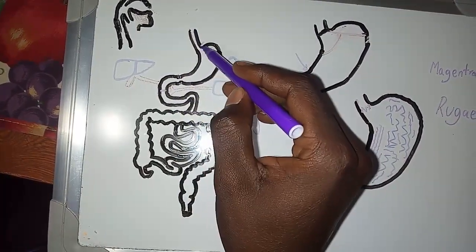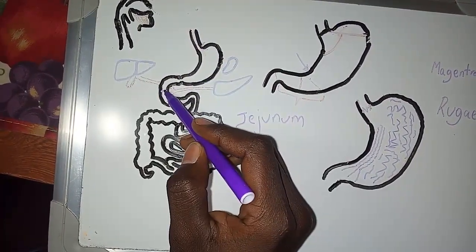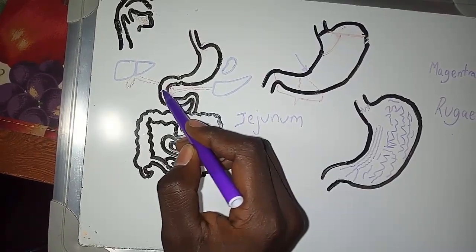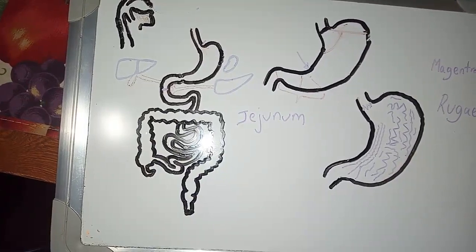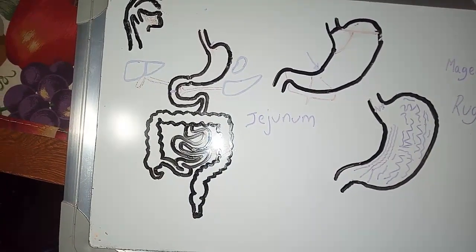The derivatives of the foregut include the mouth, the esophagus, the stomach, and part of the duodenum, the first part, and the proximal half of the second part.